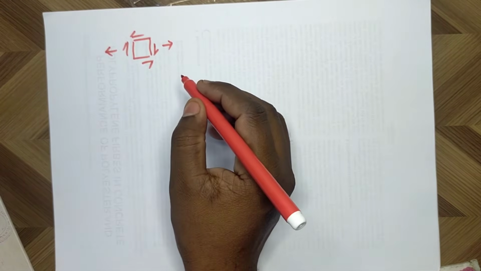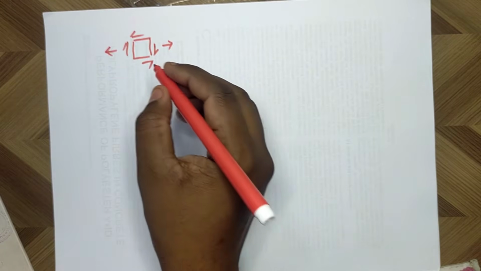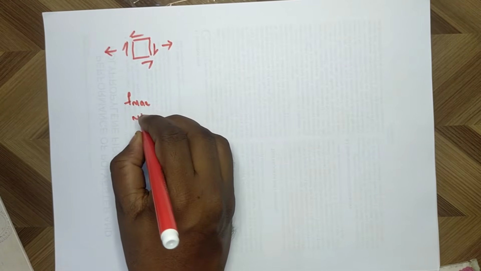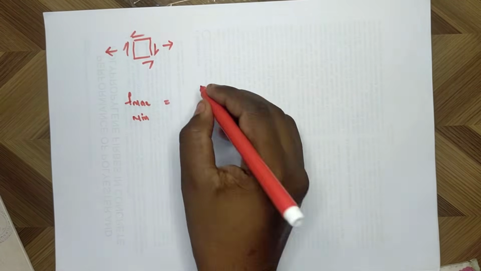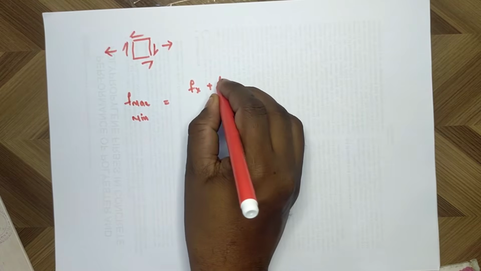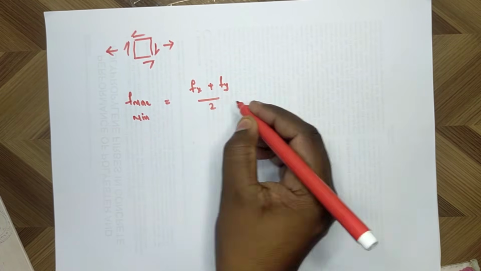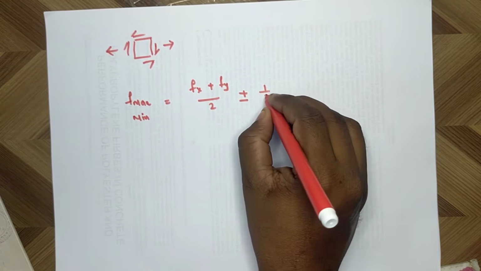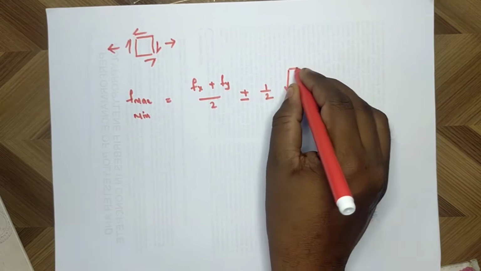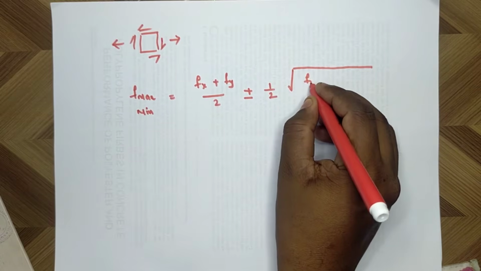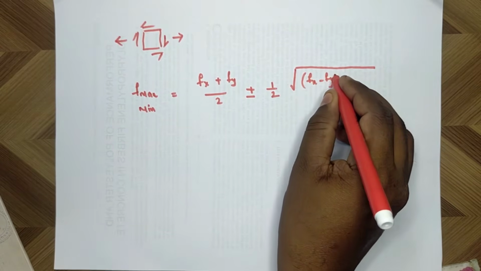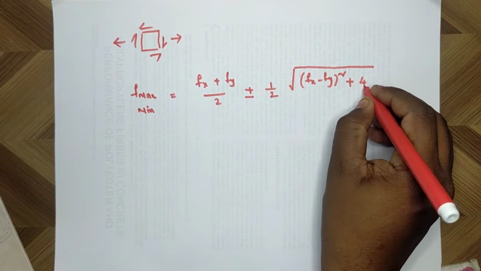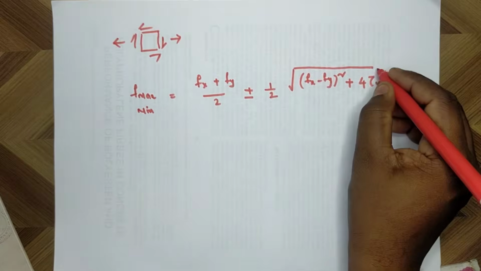In this case, if you want to determine the maximum and minimum principal stresses, there is a formula: Fx plus Fy by 2 plus or minus half of the root of Fx minus Fy whole square plus 4 times shear square.